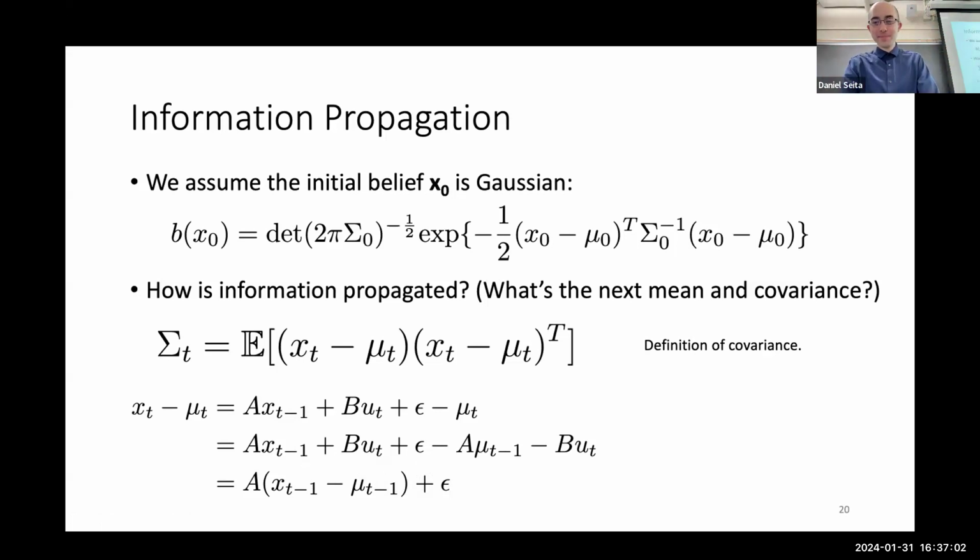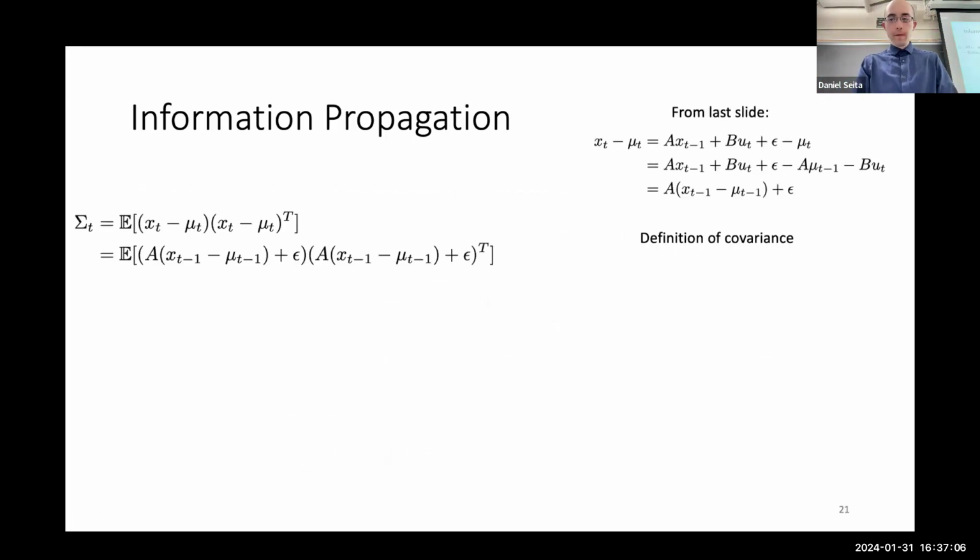So we have our covariance matrix from time t, we have this thing, and here we're just expanding by putting in this thing here. So when we have this, what's the next thing we could do?